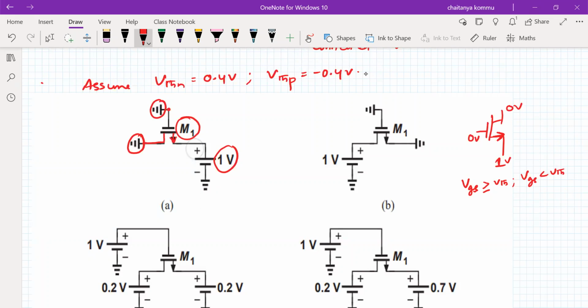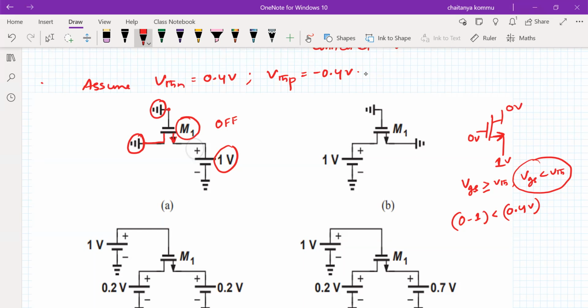What is the gate to source potential? 0 minus 1 volt, which must be compared with 0.4 volts, since it is an NMOS transistor. So what is the relationship? -1 is always less than 0.4. There is no doubt at all. So that means VGS is less than VTH, therefore the transistor is said to be in off mode. It is in cutoff.